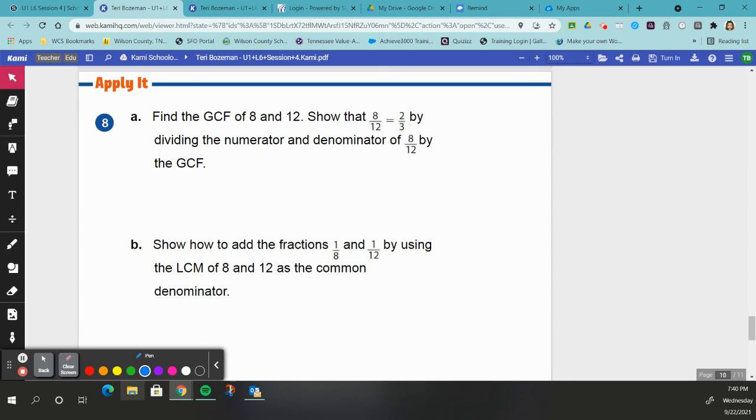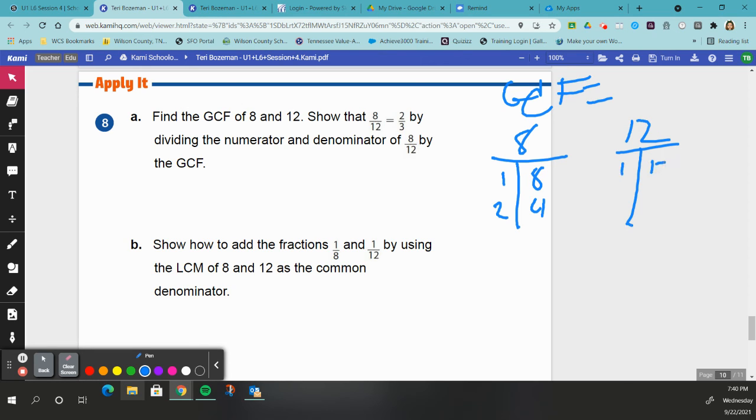So when we find the greatest common factor of 12 and 8, if we list our factors of 8, we have 1 and 8, and then 2 and 4. Factors of 12, we have 1 and 12, 2 and 6, and then 3 and 4.